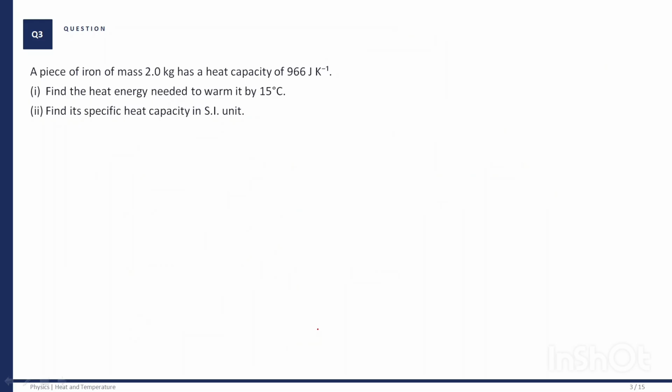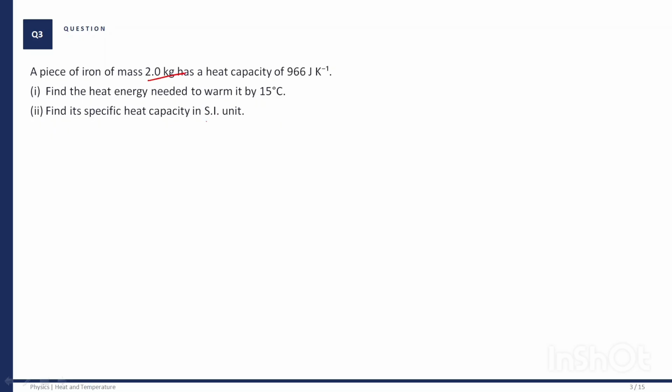Question 3. A piece of iron of mass 0.2 kg has a heat capacity of 966 joule per Kelvin. Find the heat energy needed to warm it by 15 degrees Celsius. Find its specific heat capacity in SI system. So what is given in the question?